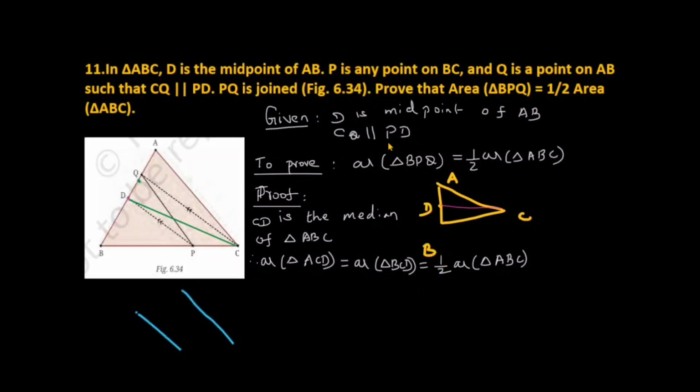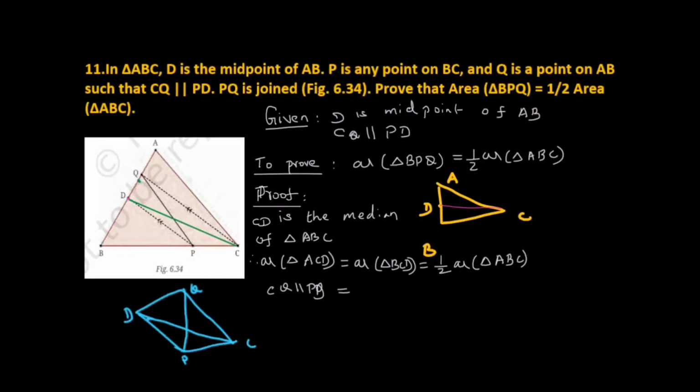Consider this portion alone and join here. So what are the vertices here? Q, C, P, D. Next, our given information is CQ parallel to PD.